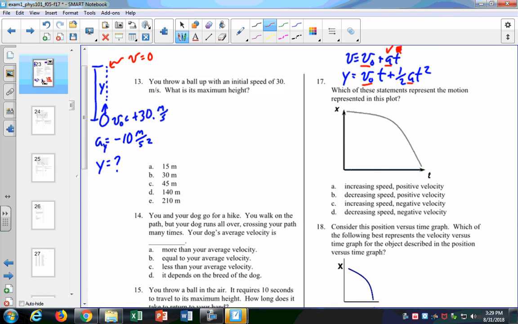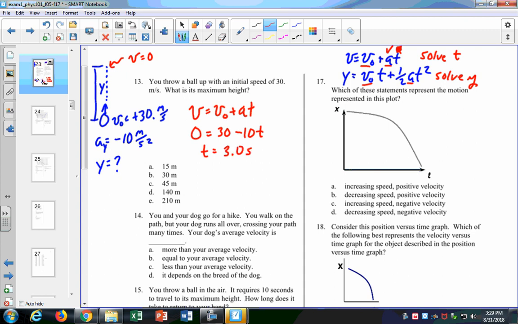So this is a similar problem like the swan, where it's 2 steps. I solve for T, and then solve for Y. So, solve for T over here. I say V is equal to V naught plus AT. That's 0 equals 30 minus 10 times T. And so T is equal to 3.0 seconds.